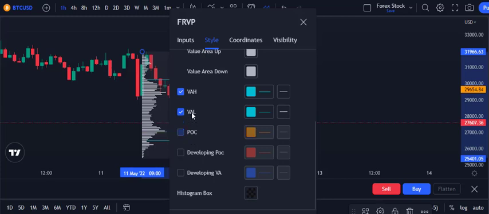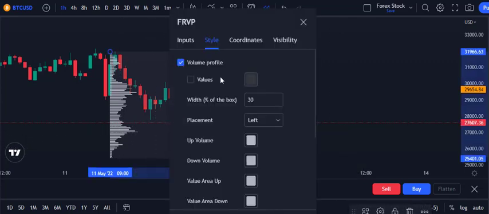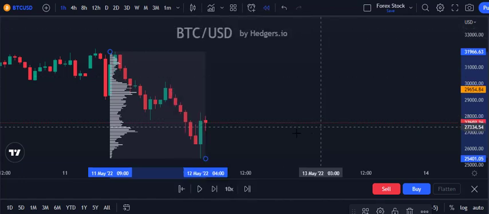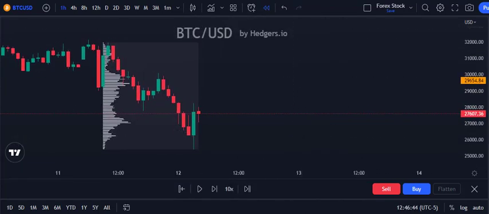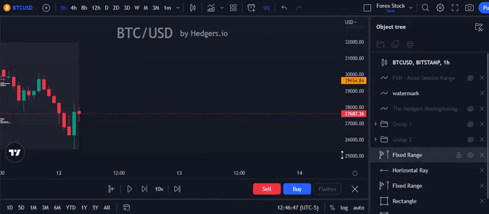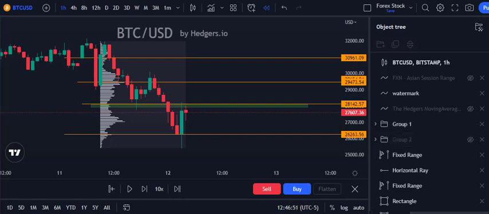We don't need the value area high, low, and POC right now. What we need is just simple volume ledges and volume nodes to determine potential support and resistance. I already made a group here, as you can see.